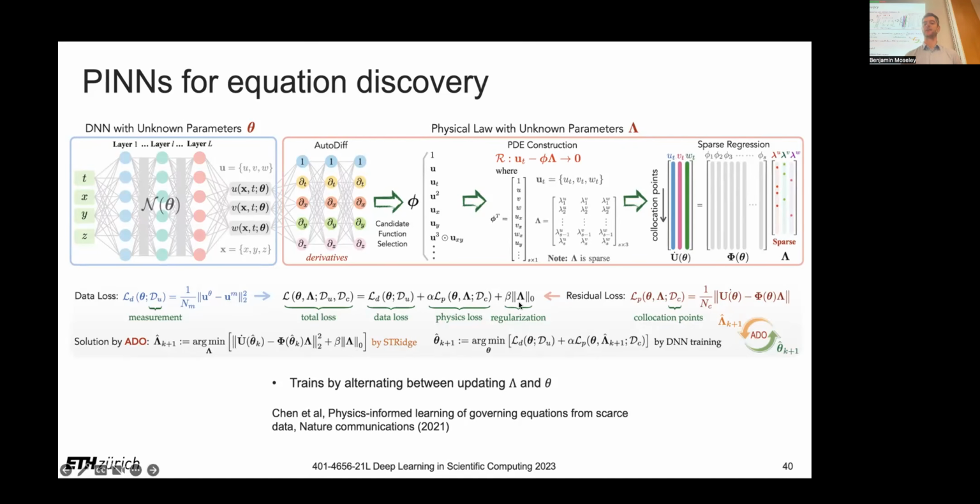Then we add some regularization here. You can think of learning the operator as a linear regression, and the training of the network as standard neural network training. They actually do this alternating: they update the lambda values and the weights of the network, alternating between the two.